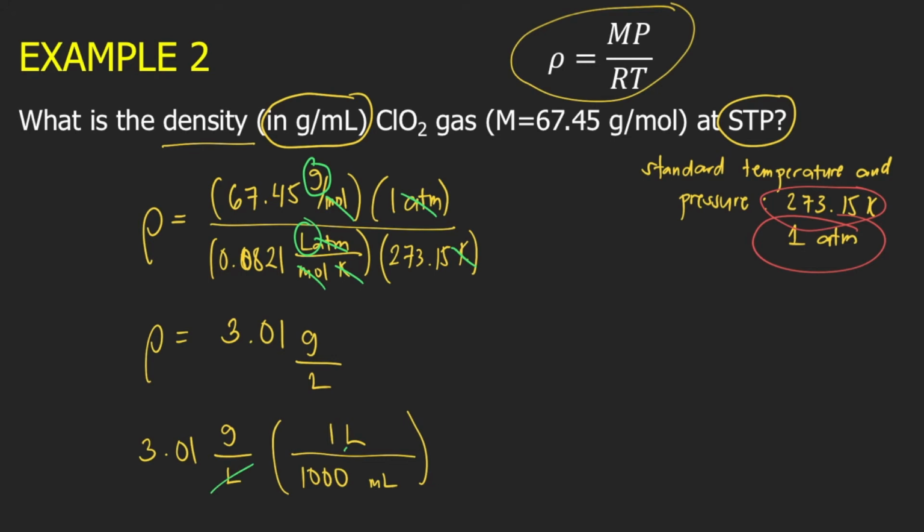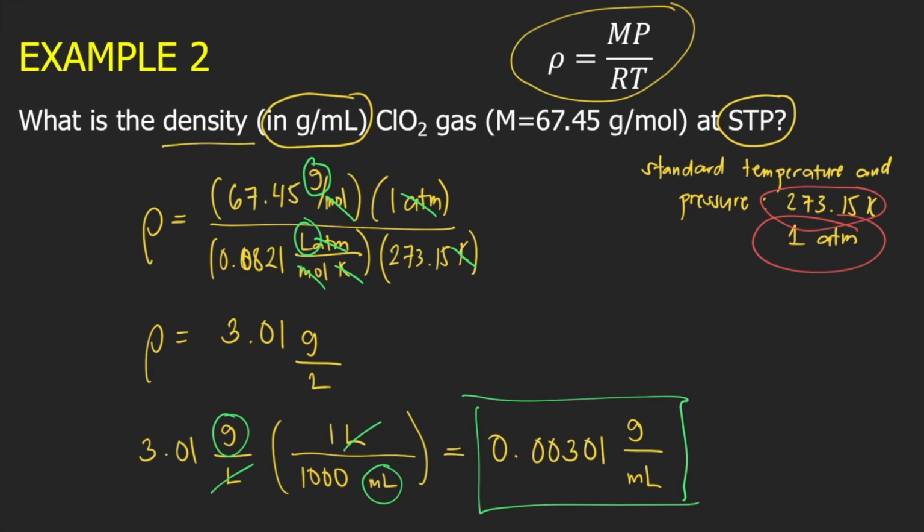So liters will cancel. Now we have grams over ml. And if you solve this in your calculator, 3.01 divided by 1,000, the answer would be 0.00301 grams per ml. And this is the answer to the question.